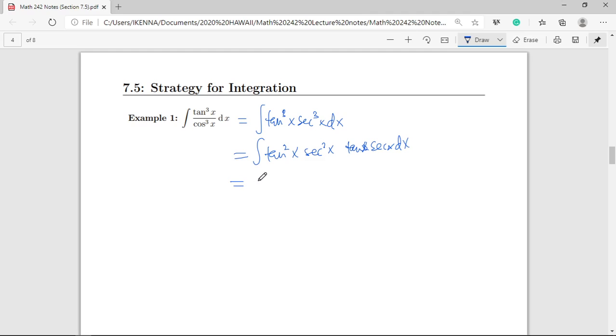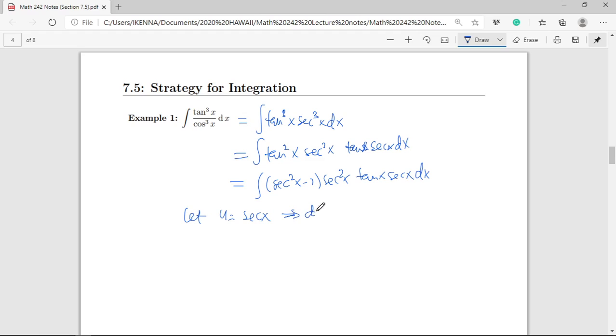So my tangent squared is the same thing as secant squared minus 1, multiplied by secant squared. Then we have tan x sec x, which I can write as sec x tan x, doesn't change anything. So I'll let my u be equal to secant of x.